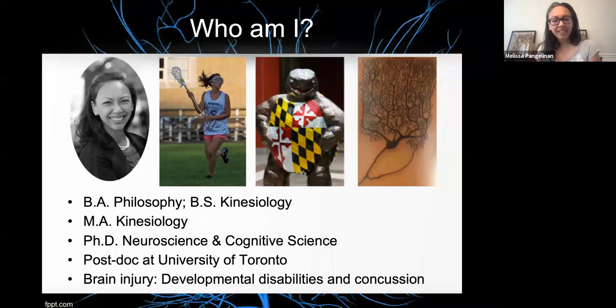So I'm excited. I did my postdoc at the University of Toronto trying to understand brain development and using MRI and fMRI as an imaging tool. In my master's and PhD, I used electroencephalography and also movement kinematics. And my world is really studying brain injury. I study individuals with developmental disabilities and also acquired injuries like sports-related concussion.